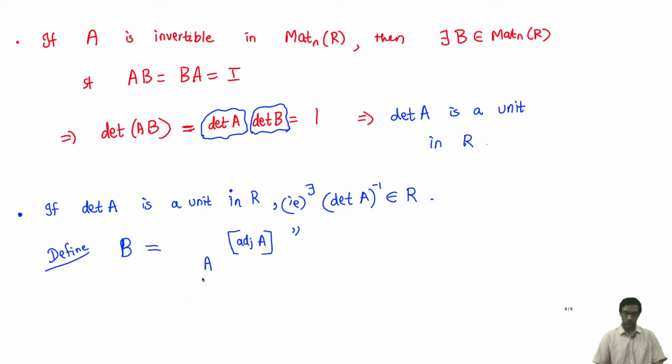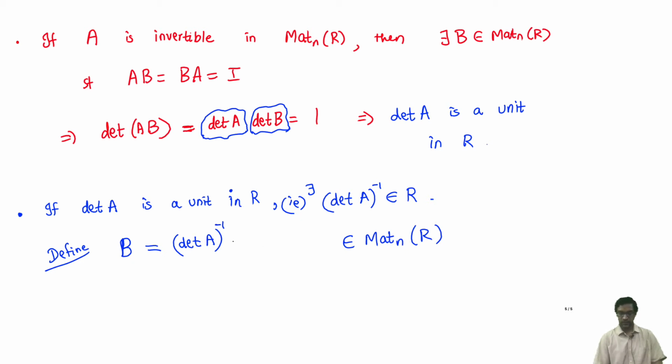Now, where should B lie? It should be an n cross n matrix with entries in R. Well, I'll do the following. I will use det A, which is a ring element. The inverse of det A is, again, assumed to exist, an element of R. So I will take this element of R and multiply it by the adjoint matrix.